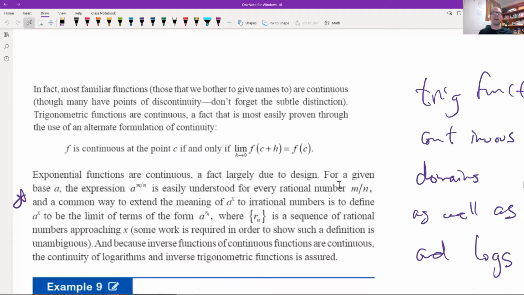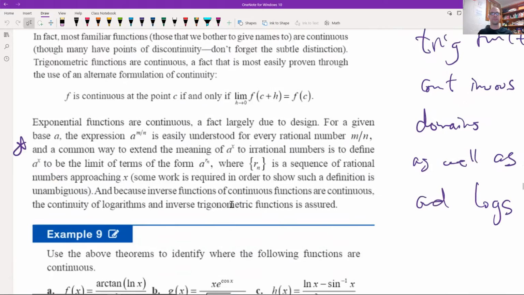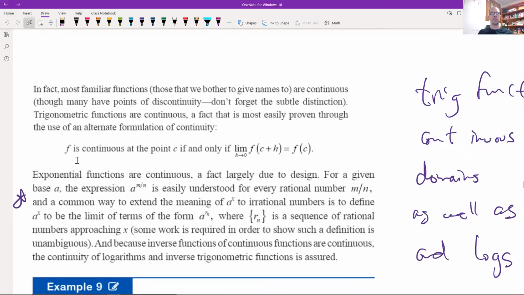There's one more thing after this that could be mentioned about trig functions and exponential functions also being continuous. And there's a little alternate formulation of continuity that can be used there where you think of the limit as h goes to 0 between two things, where h is just a little distance between 2 points that are next to each other.